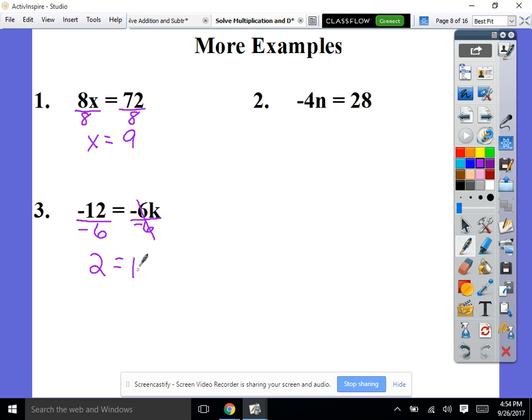This gives us 1k. So k equals 2. Negative 6 times 2 equals negative 12. And divide by the coefficient again. This gives us 1n, and 28 divided by negative 4 is negative 7. Negative 4 times negative 7 equals positive 28.